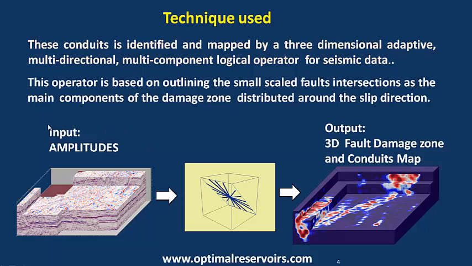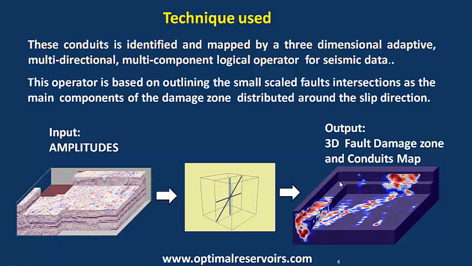In this example, we can see a 3D seismic block processed by the logic operator to detect the small-scale fault intersections. The output is a 3D fault damage zone and conduit map.